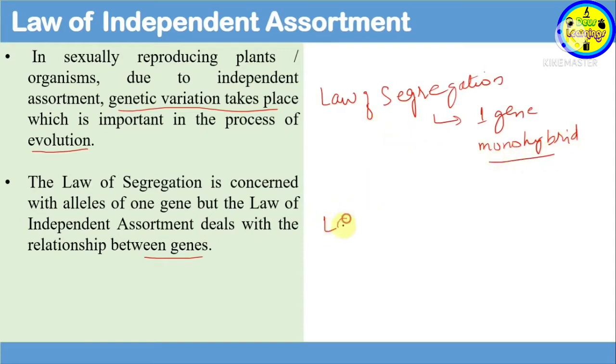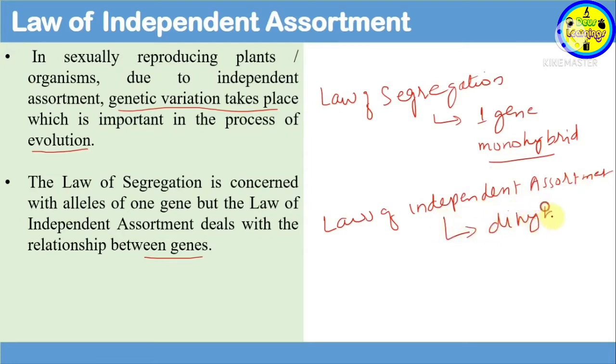But law of independent assortment is explained by dihybrid cross, and dihybrid cross informs about the interrelationship between genes.